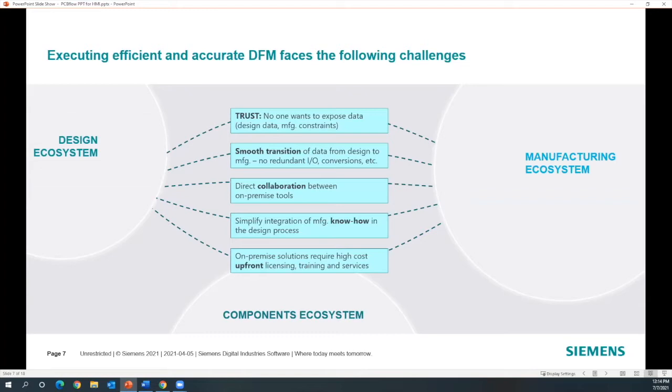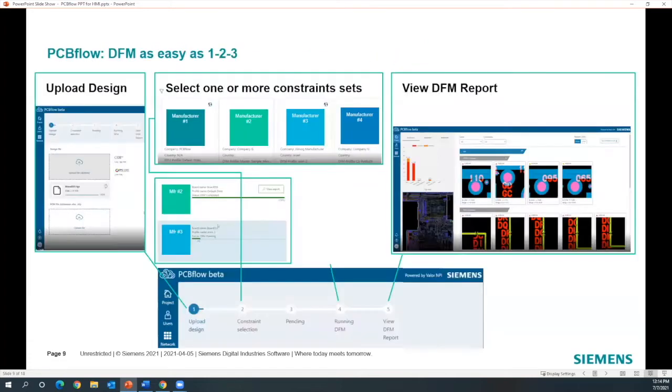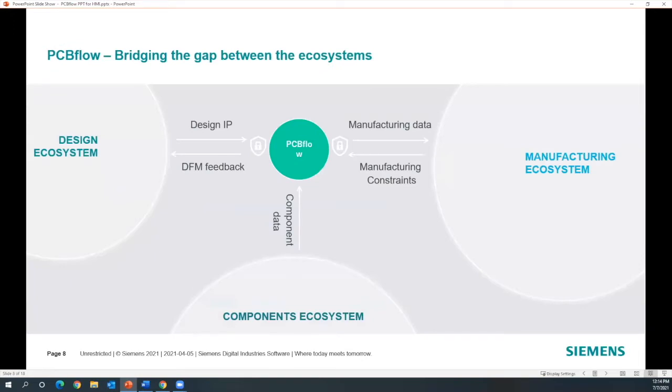Now, traditional DFM is done offline, on-premise, with no sharing of data. The cloud opens the way to collaborate here in unprecedented ways. The idea is that I look at PCB Flow as an escrow. We take the manufacturing constraints from the manufacturer and store them on PCB Flow, and we're not sharing them with anybody.